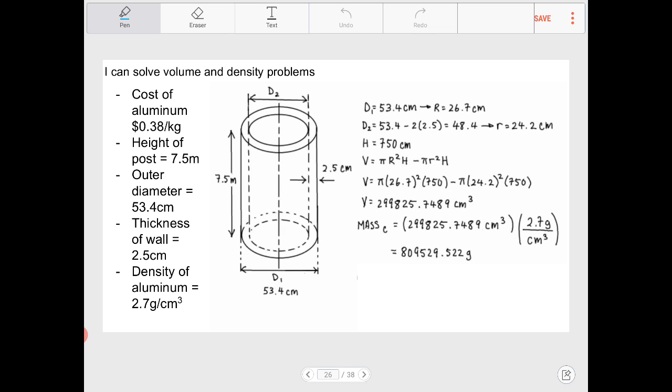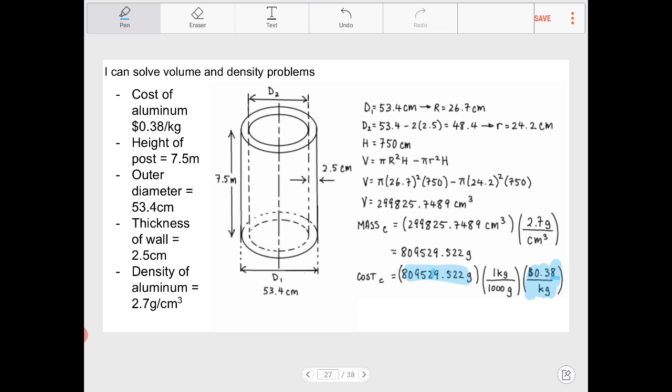So the mass of the cylindrical post will measure roughly 810,000 grams, approximately. To find the cost of the aluminum, all I've got to do is convert. The cost was given to me as 38 cents per kilogram, so I need to convert this to kilograms.